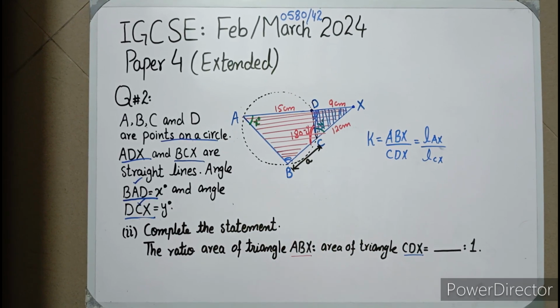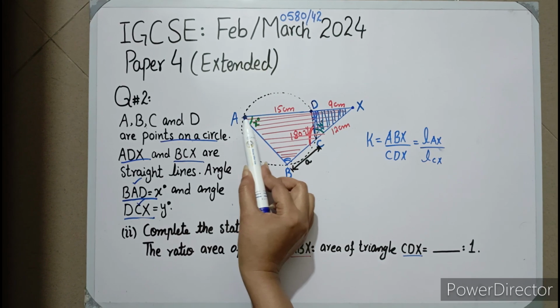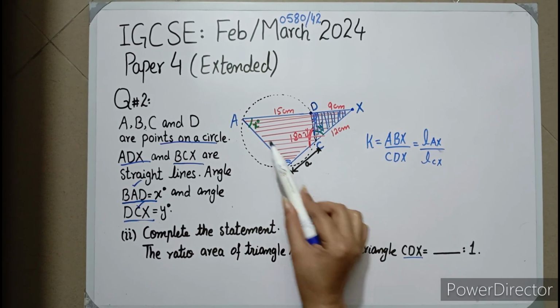What you are actually doing over here is taking the length of the bigger triangle by the length of one side of the smaller triangle.